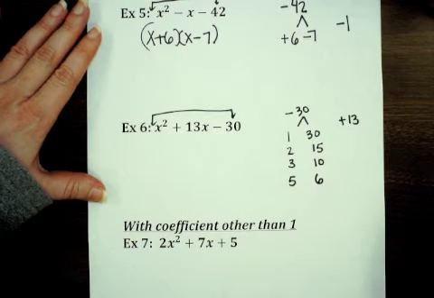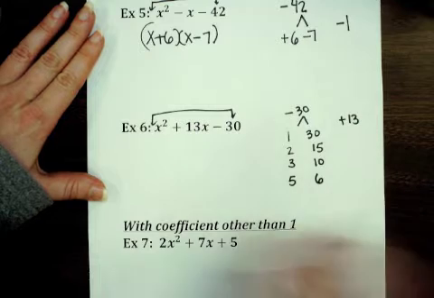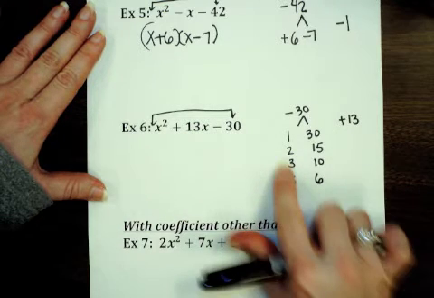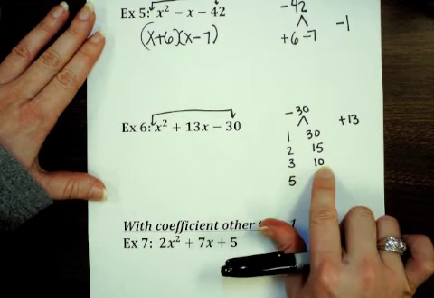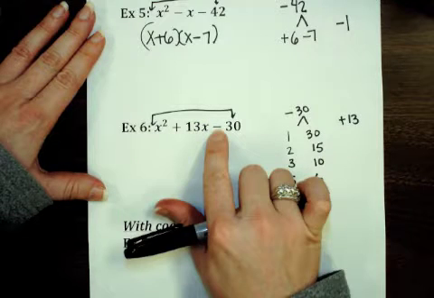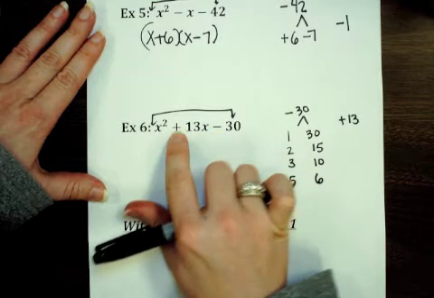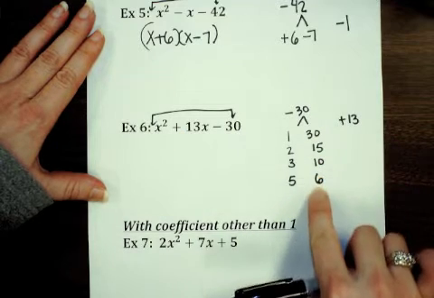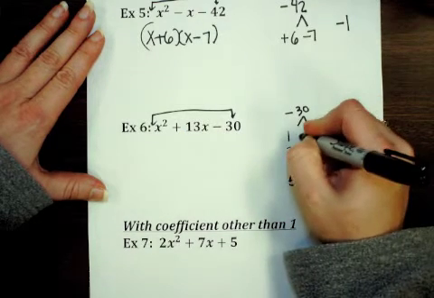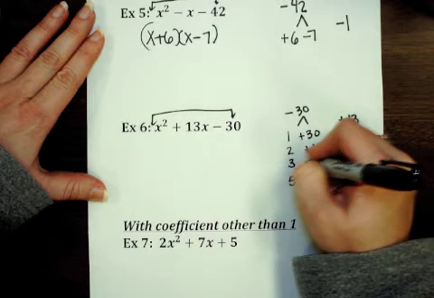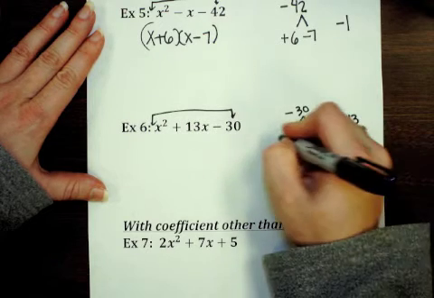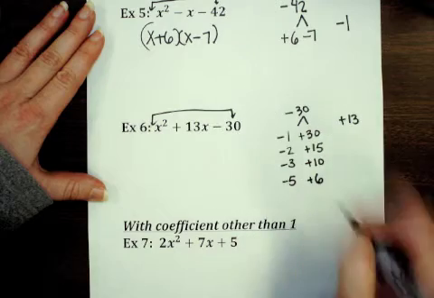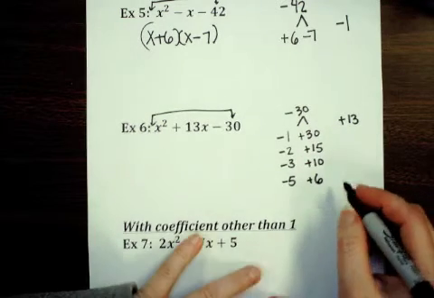Now, a lot of you are looking at this and saying, oh, look, 13, 3 and 10. 3 and 10 is not my answer because signs are going to be different and the larger number gets the positive. Well, this is my whole row of larger numbers. So let me make all of these my positives and make all of these my negatives, and let's see what the sum winds up being.